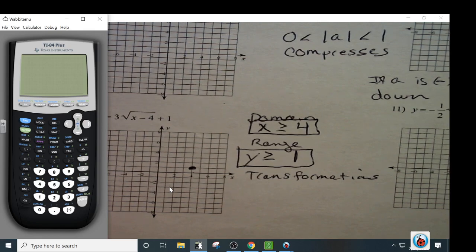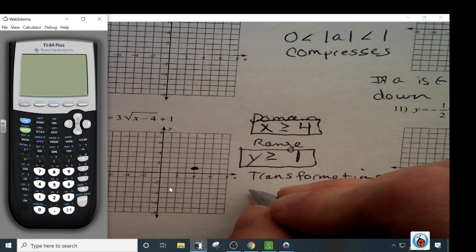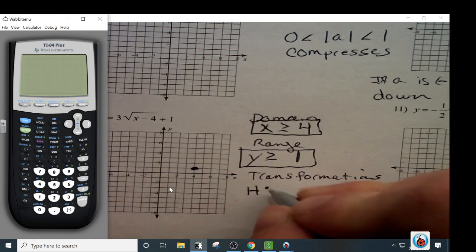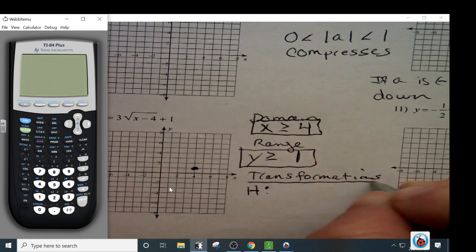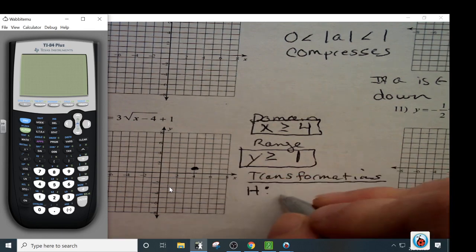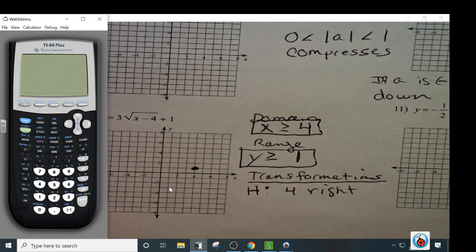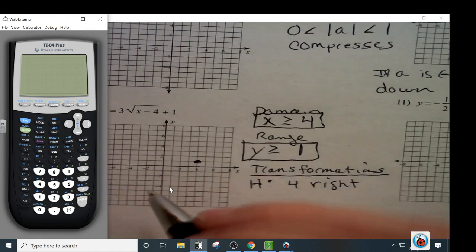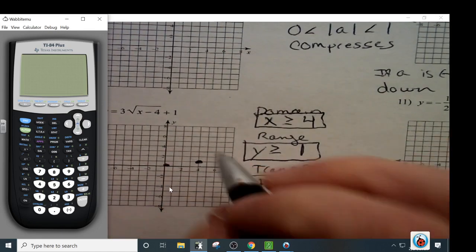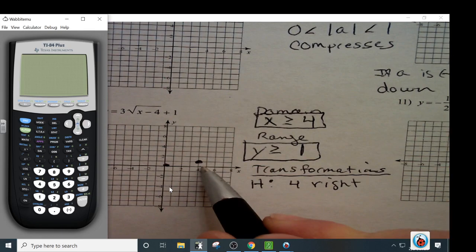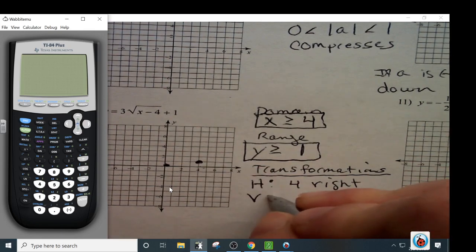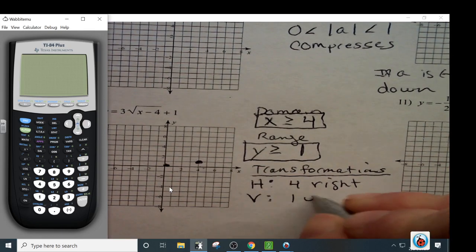All right. Now, your transformations horizontally, you went 4 right. Because remember, guys, you're going from the origin, and from the origin you went 4 right, and then vertically you went 1 up.